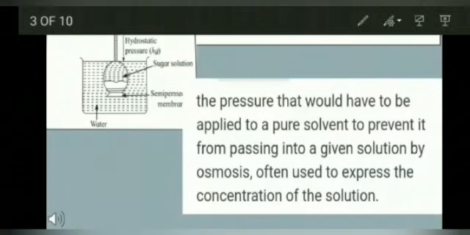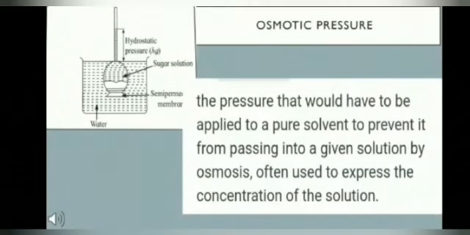Now let us try to understand the concept of osmotic pressure by a simple experiment. As you can see in the figure, the apparatus consists of a long stem, that is a thistle funnel. The mouth of this thistle funnel is closed by a semi-permeable membrane which is highly stretchable.